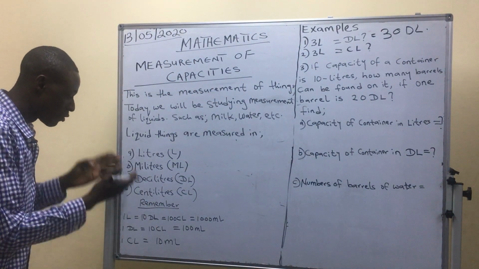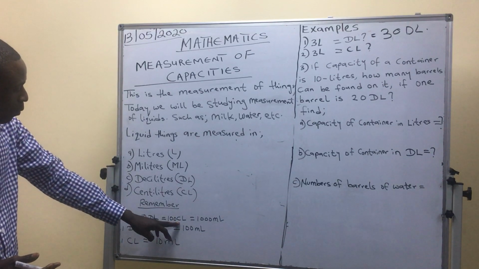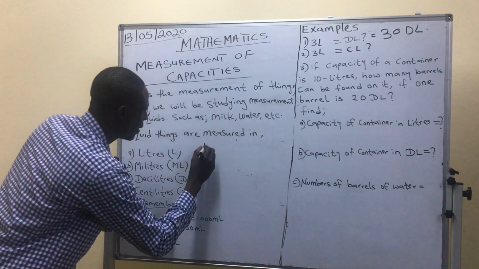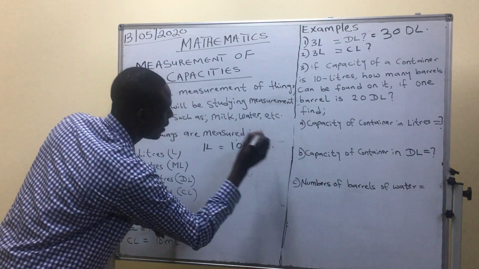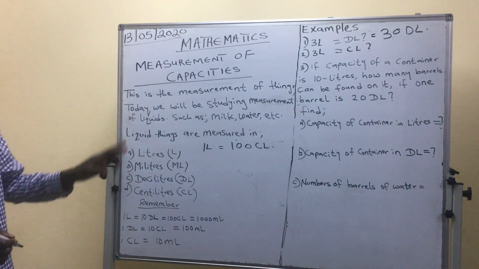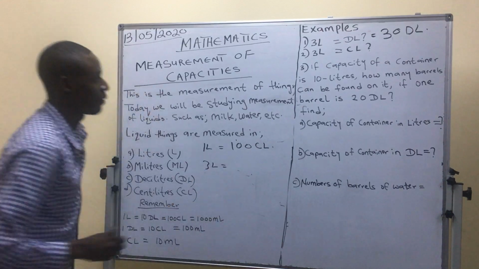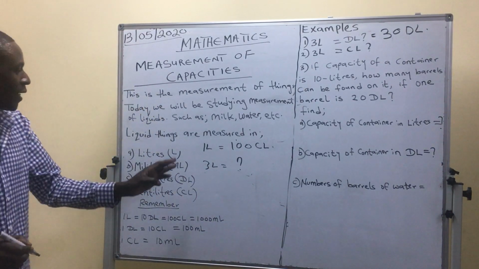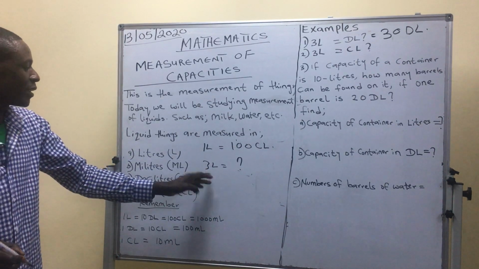You have to remember again that 1 liter is equal to 100 centiliters. Now, the question is, how many centiliters can we have inside 3 liters?